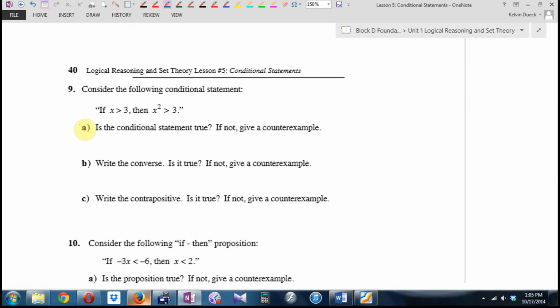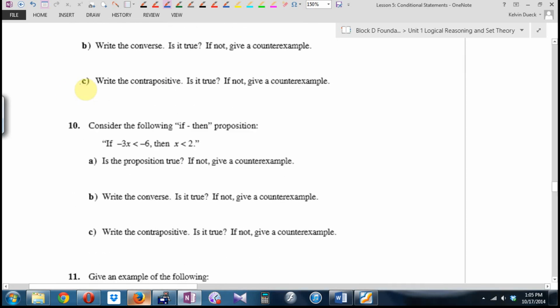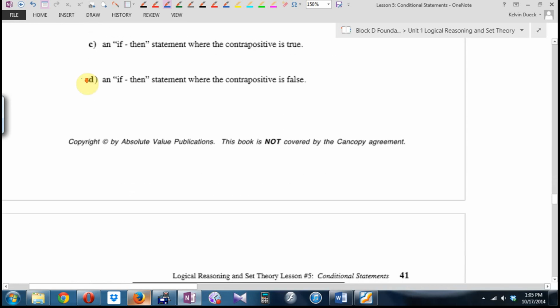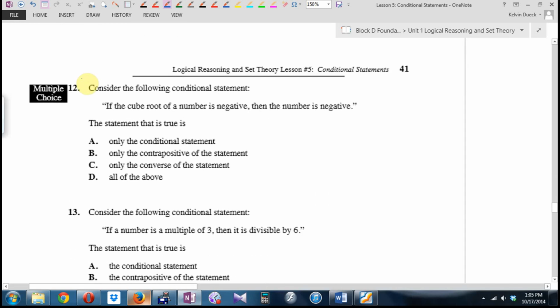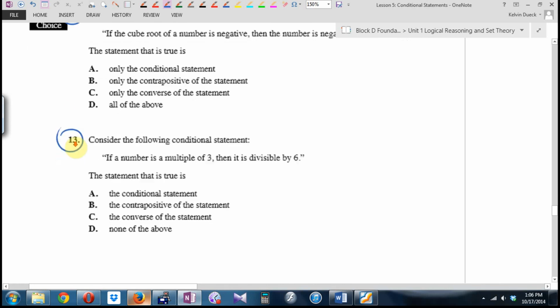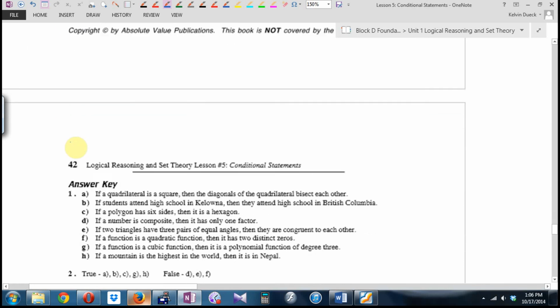Can you wait till I finish giving out the homework? Patience, young grasshopper. Try 9. I don't know how wild I am about that, but that's okay. Ten is tricky. It's some math, but see if you can figure it out. I'm going to pass on 11. 12 is good. 13 is good. And I think that's where we pause, okay?